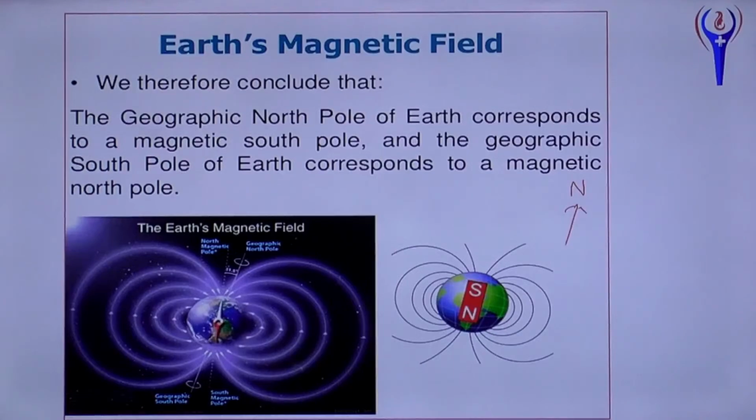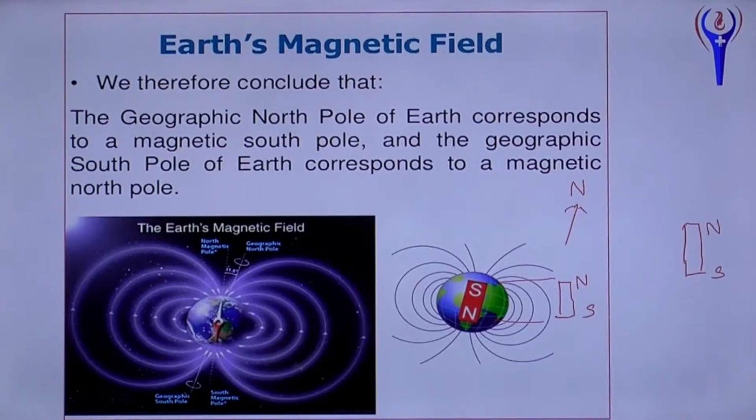Suppose this is a bar magnet with north pole, south pole. We suspend that freely and it aligns. How will it be aligned? It will be aligned like this only. North and south only will be attracted, and south and north attract. That's why the north pole seeks towards the north direction.